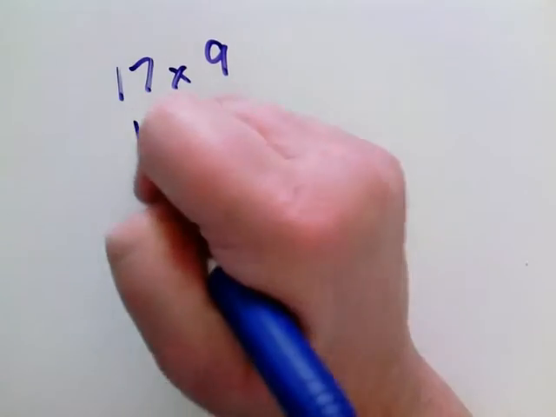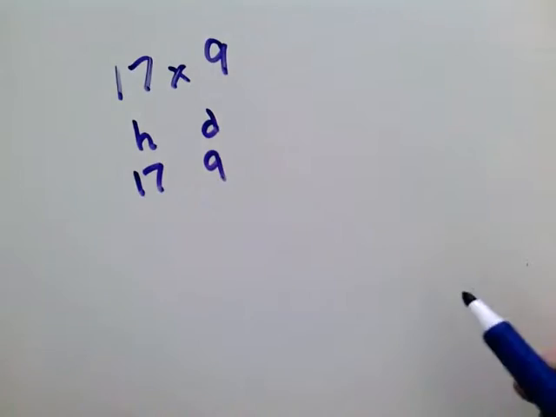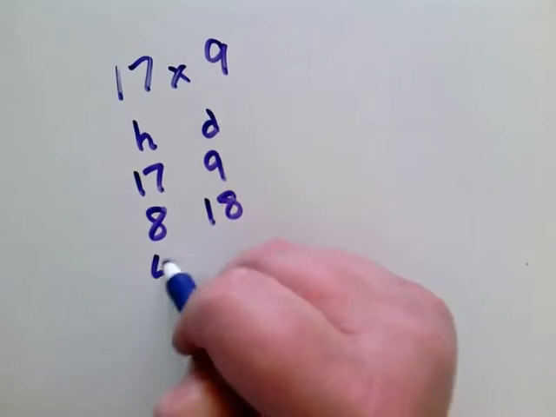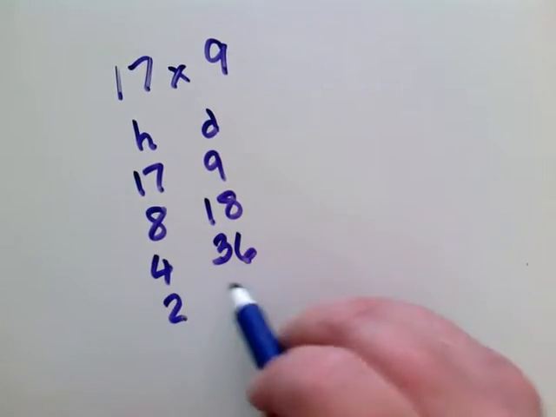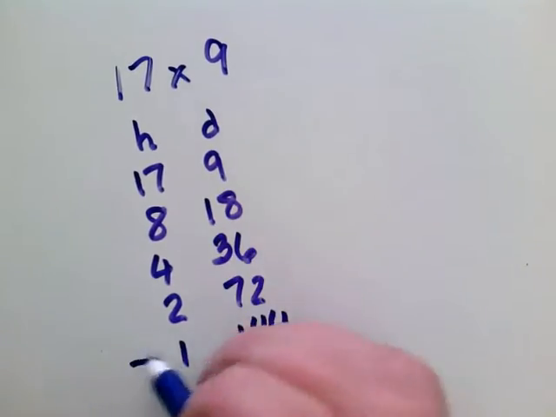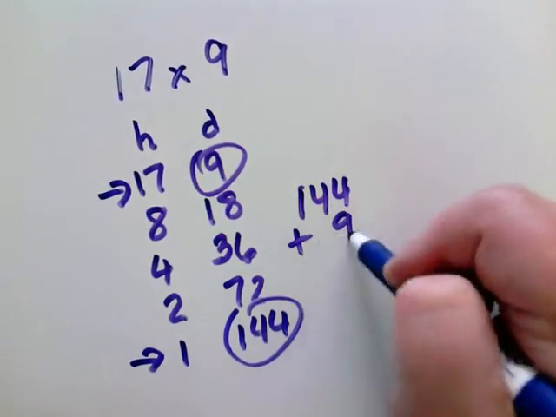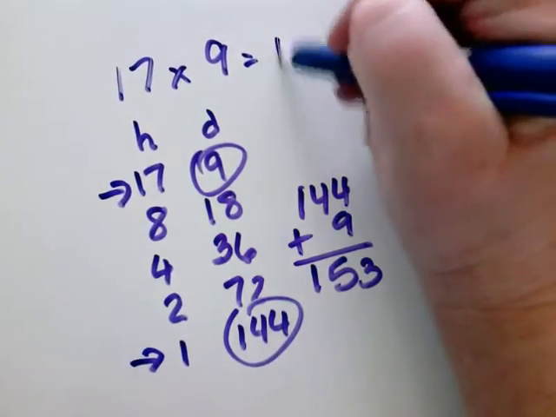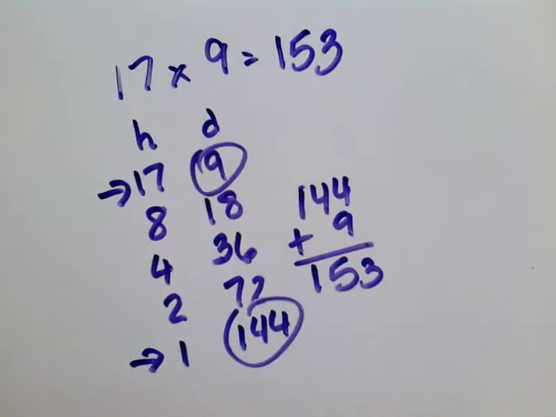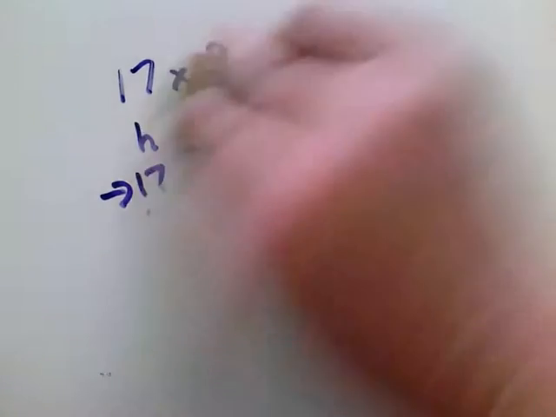Now remember, if we have an odd number, we're only going to keep the whole number part of that division. And we stop when we get down to a first number of 1. Then we add together the numbers opposite the odd numbers on the left. So we have 17 times 9 is 153.